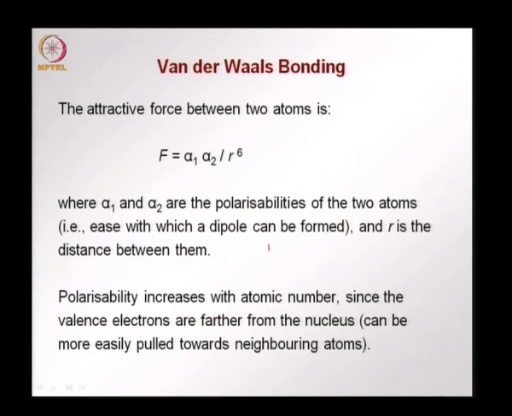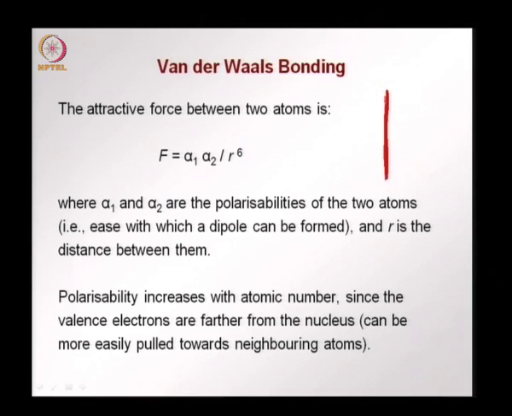The attractive force between the two atoms due to van der Waals bonds is given by a product of alpha 1 and alpha 2, which are called the polarizabilities of the two atoms, divided by r, which is the distance between the two atoms, raised to the power of 6. So, it is alpha 1 times alpha 2 divided by r to the power of 6.